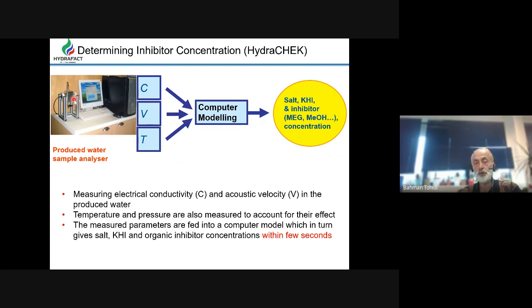So we measure two properties. The interesting point is that these two properties work against each other, and therefore we can find the specific composition. So we measure electric conductivity and acoustic velocity in produced water. And with computer modeling and temperature, we can measure the amount of salt, KHI, inhibitor, MEG, methanol, everything. In fact, now we can measure 3 parameters.